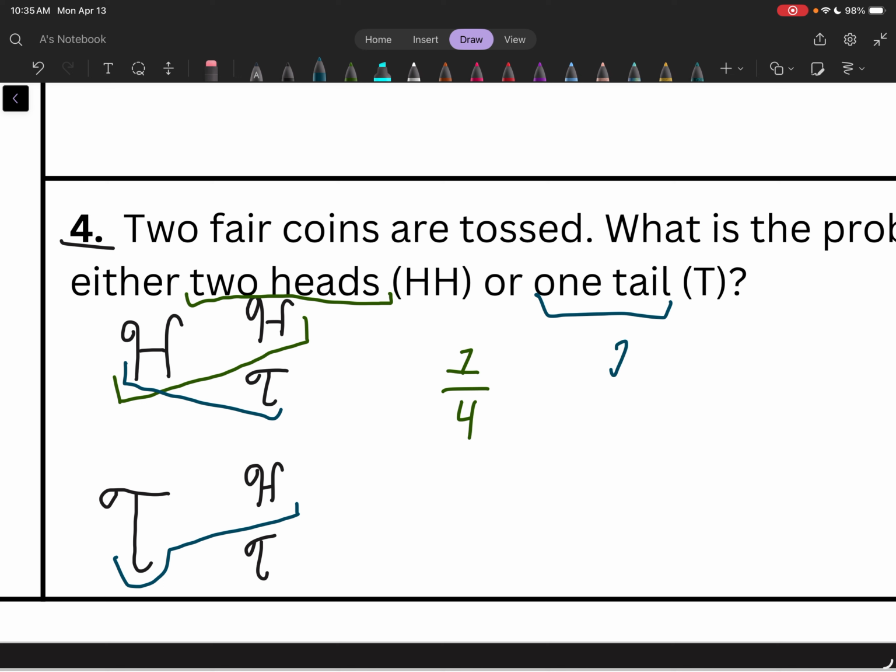That is 2 out of my 4 possible outcomes. So the probability of getting either 2 heads or 1 tail is the sum of these, which is 3/4, 75% chance.